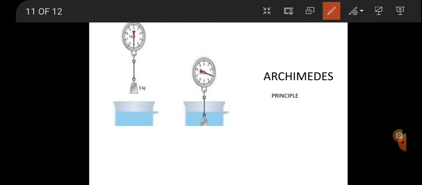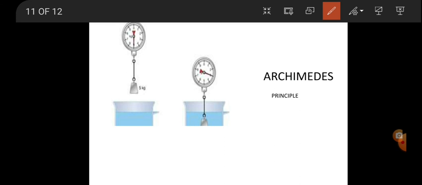Archimedes principle is a consequence of Pascal's law. According to legend, Archimedes devised the principle of the hydrostatic balance after noticing his own apparent loss in weight while sitting in his bath.